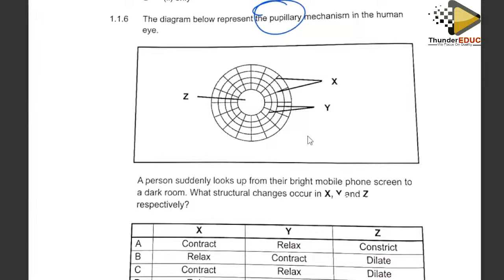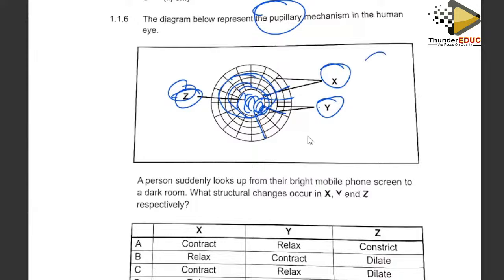Let's find out here. This is the pupil, this is the diameter of the pupil, the space of the pupil. So this is the iris. These are the muscles. The ones which run like this, like a radius, Y is the radial muscles, while the ones which move like this, the X, are the circular muscles.